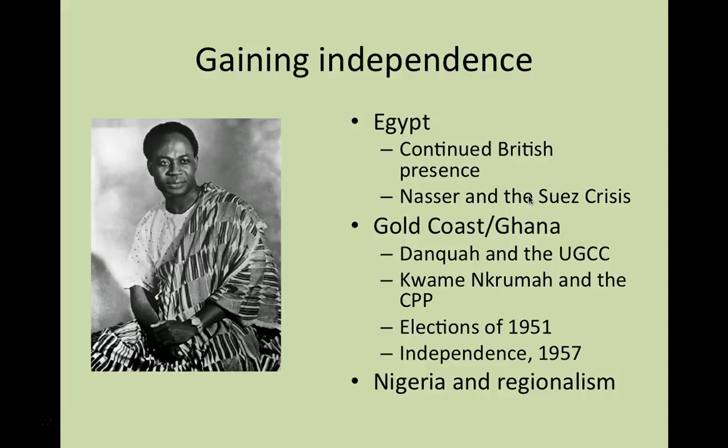So even though there was at independence a national government, each of those three regions that I talked about earlier had a lot of regional autonomy, a lot of self-government, and made a lot of their own economic decisions. Later factors would complicate that and ultimately lead to a civil war by the end of the 1960s. So, Nigeria is a case, I think, as there are many in Africa, of a failure of the initial governments upon gaining independence of maintaining stability.